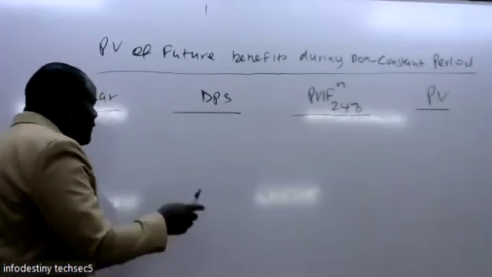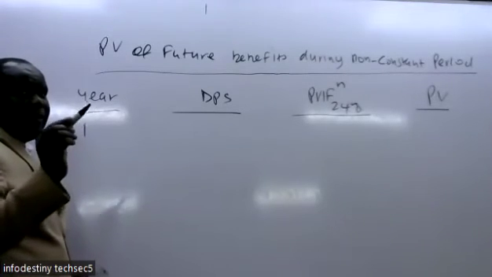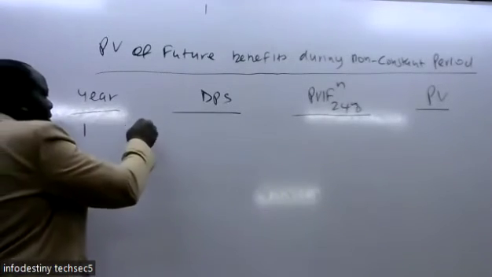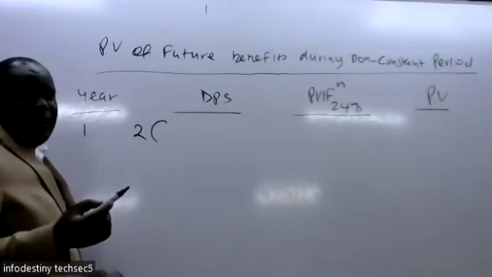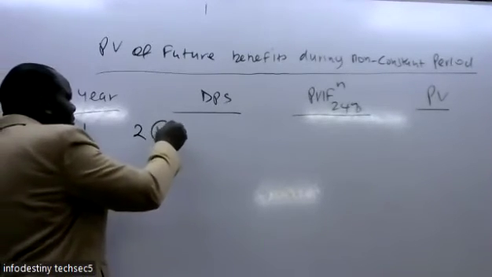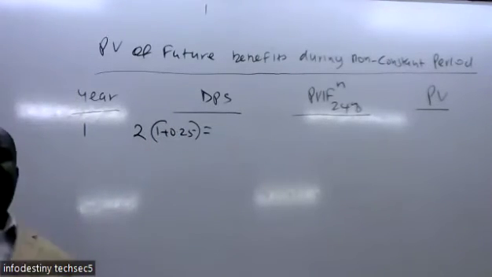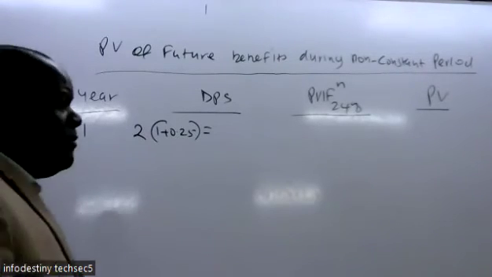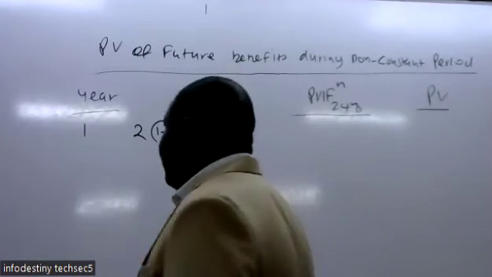To get the dividend for year 1, which is now 2018, you take the dividend per share reported for 2017, which is 2 shillings. We increase it by 25%, the same as multiplying by 1.25. So how much is it for year 1? It's 2.5.